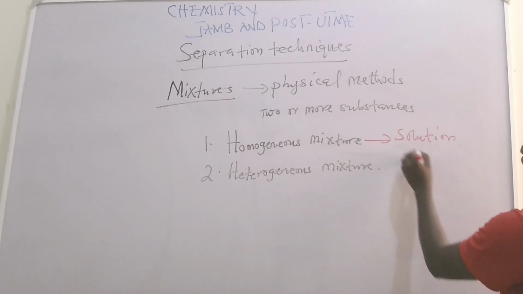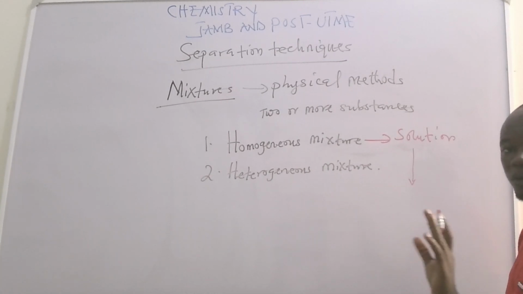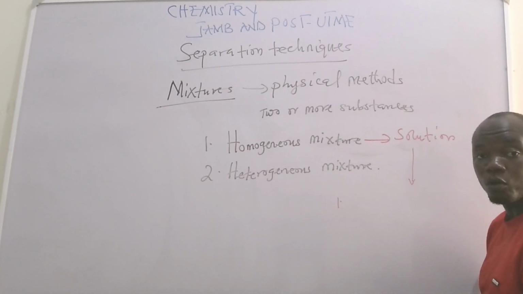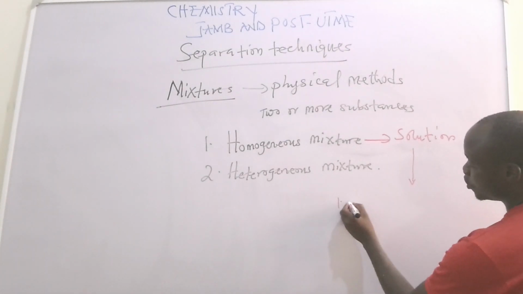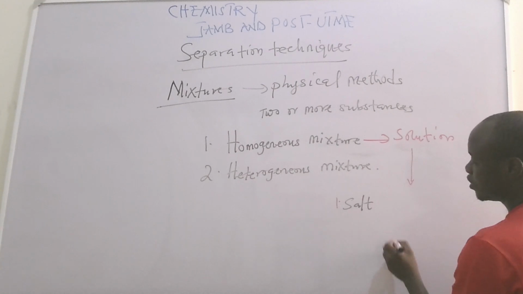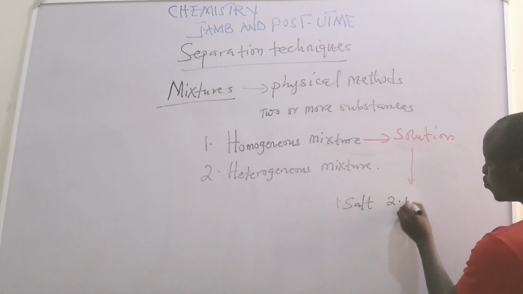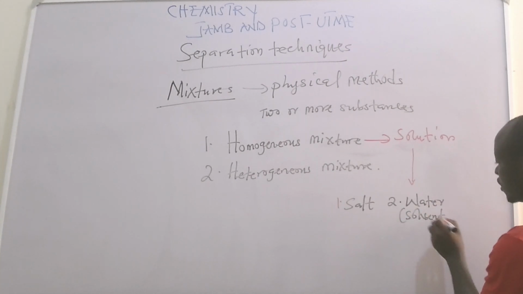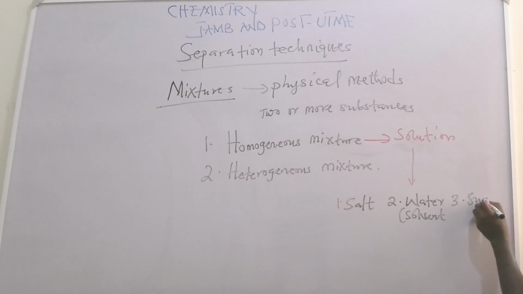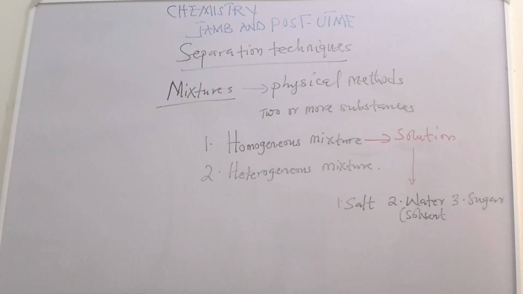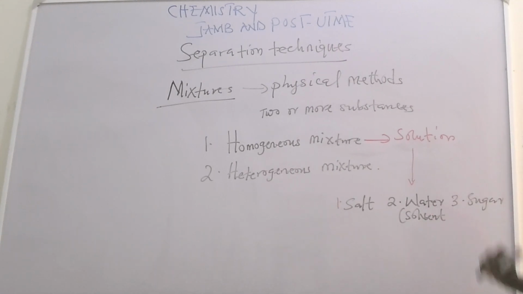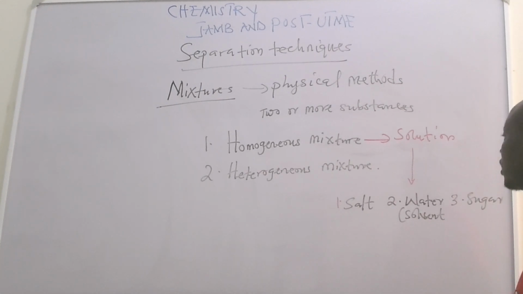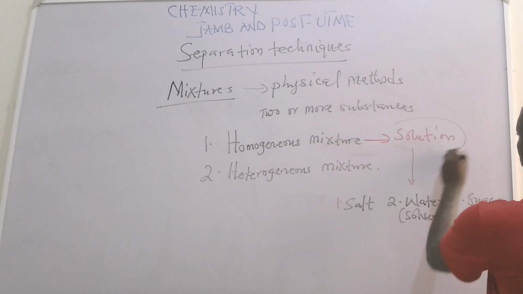For example, if you have a solution containing number one, salt, two, water, which is the solvent, and then sugar, when you mix them together, it gives you what we call a solution.